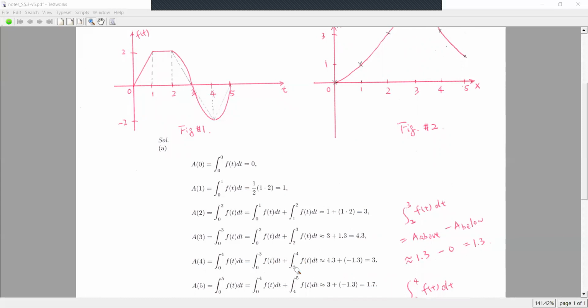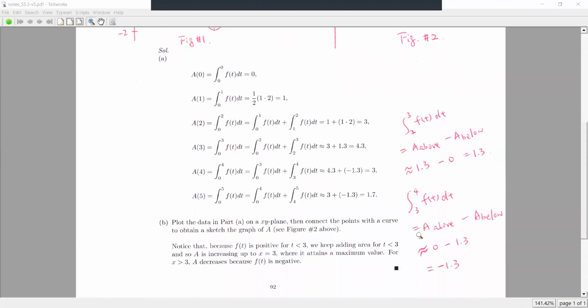Now, let me compute the integral from 3 to 4. Integral is net area, so this integral is equal to the area above the t-axis minus the area below the t-axis.